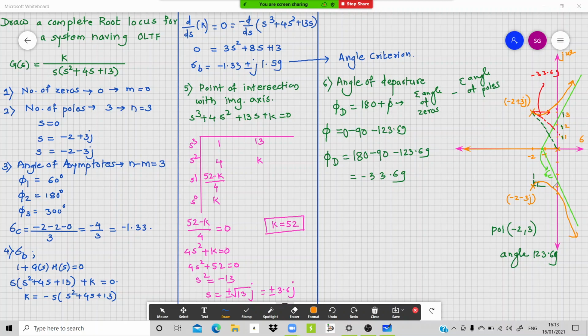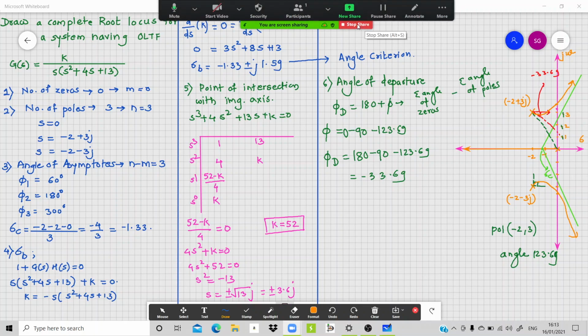What I'll do now is go to Google and we'll try to see what root locus we are getting for this, right? Okay, just a minute. I should have the equation for that. Yes.